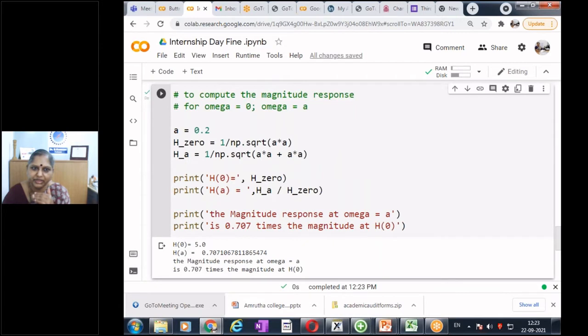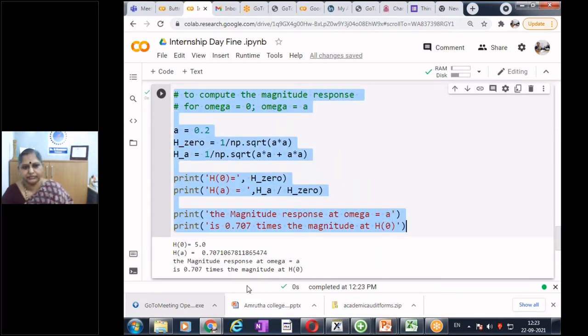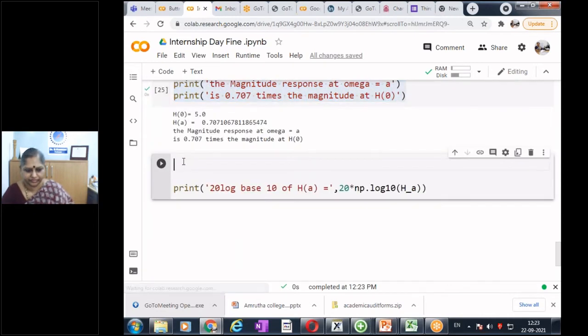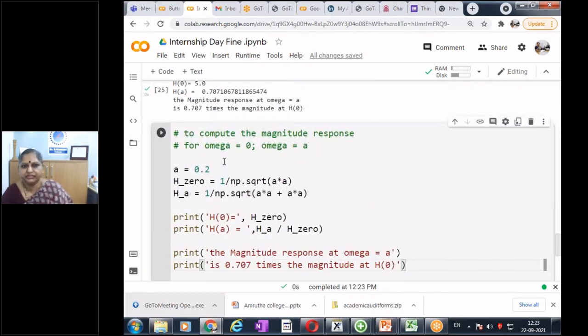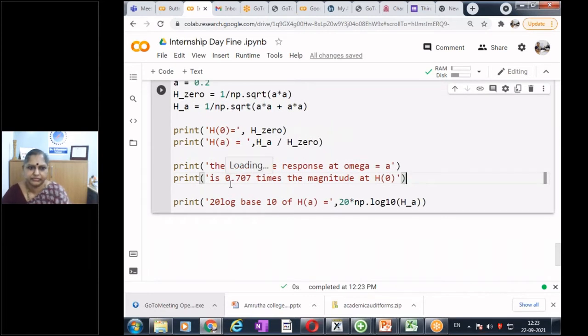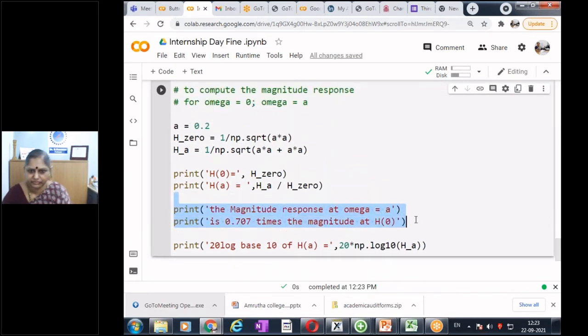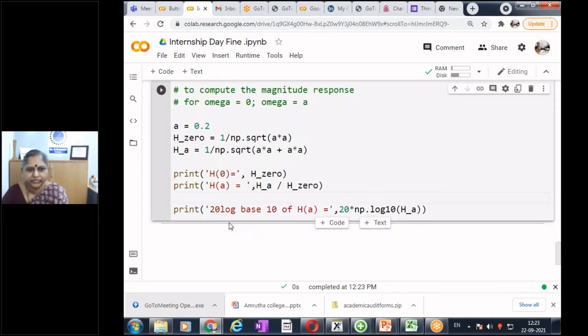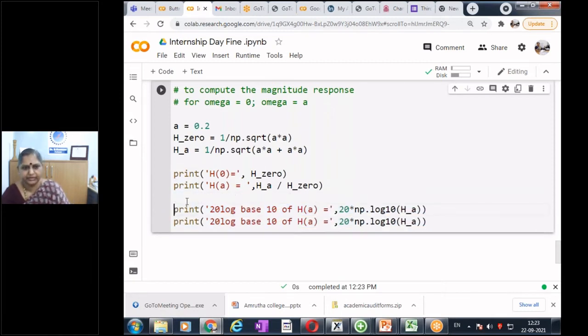So let us do the same to compute the value for omega and 0. We have 20 log base 10 of this and of h of 0, and this is 20 log base 10 of h of 0.